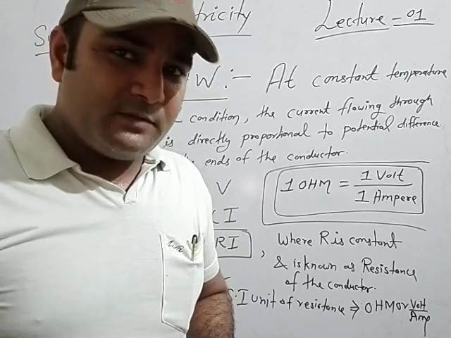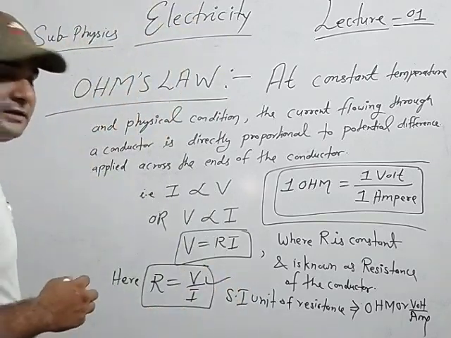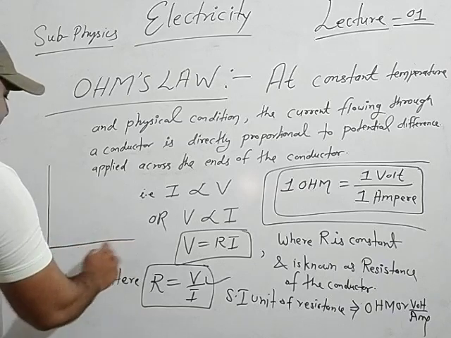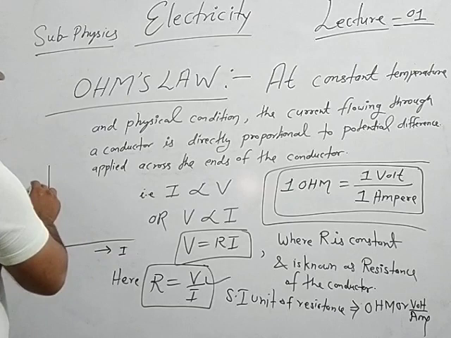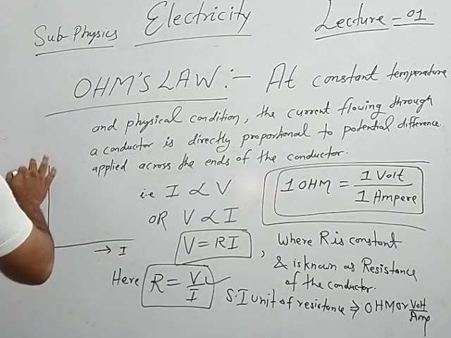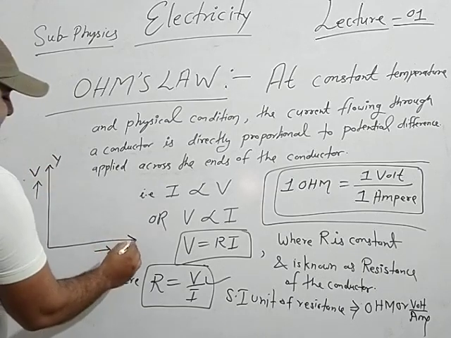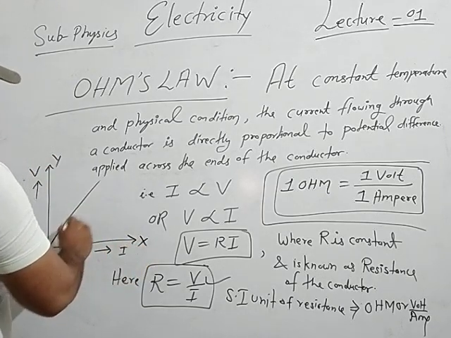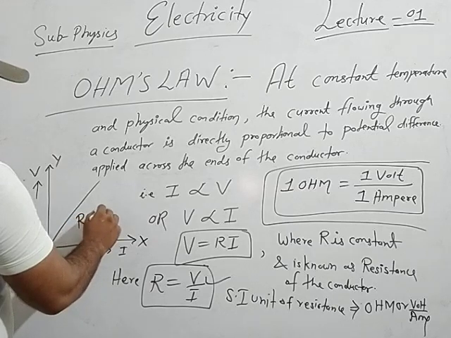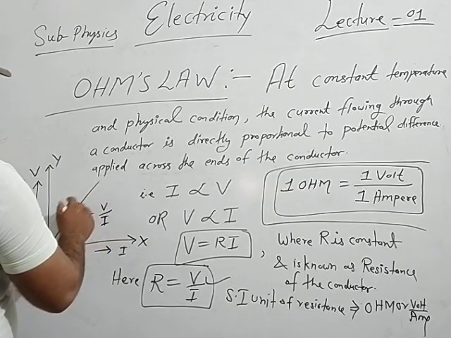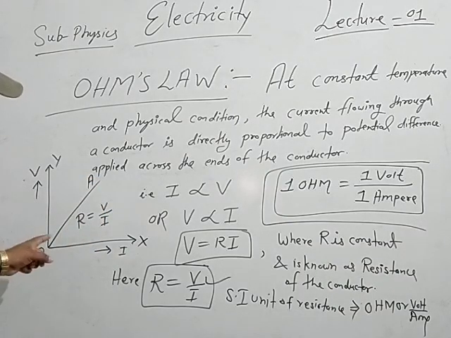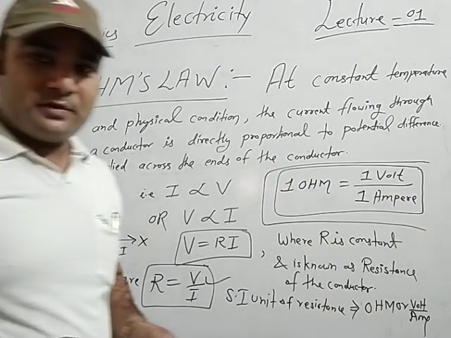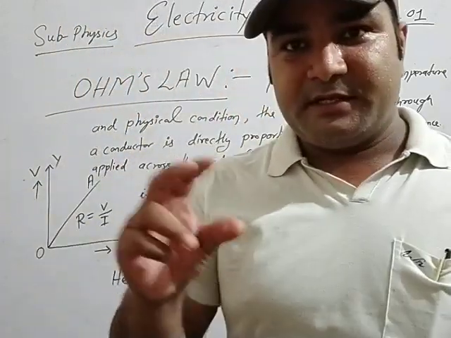With potential along the y axis and current along the x axis, R equals V upon I. Clear? The slope of this graph represents resistance.